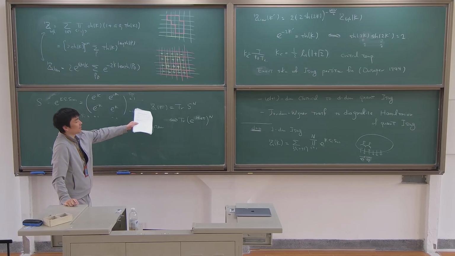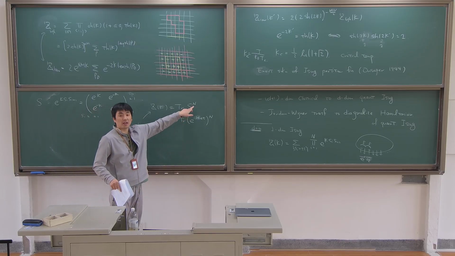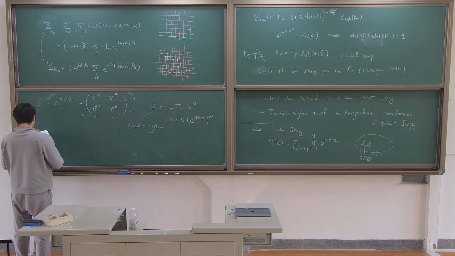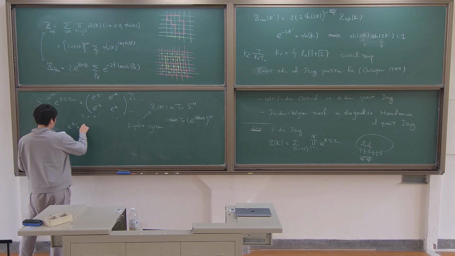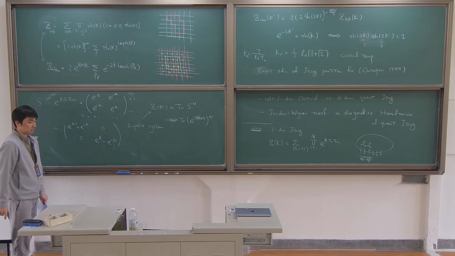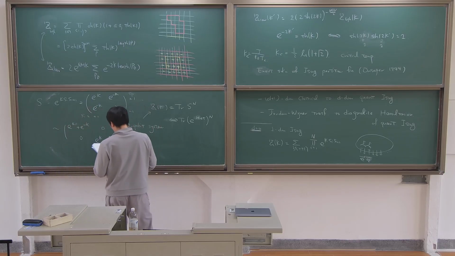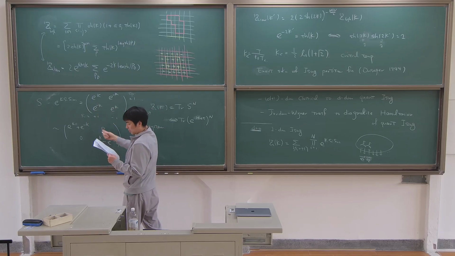So to get this partition function, what you need to do is to evaluate the trace of S to the N, which is very easy. Just diagonalize this matrix. And if you diagonalize it, this one can be understood as e to the K, like this one. Okay, so you can diagonalize. It's just a symmetric matrix, so you can get the eigenvalues. The eigenvalues are this one and this one.